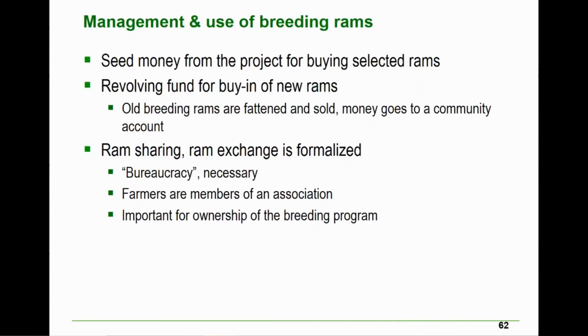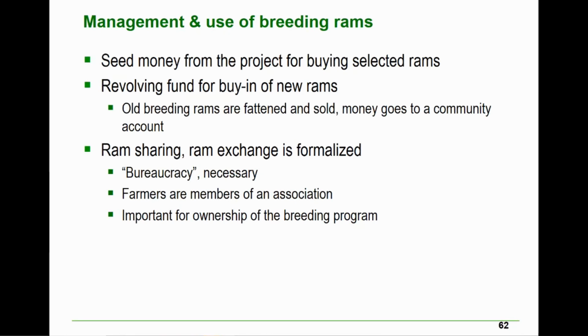The next stage of the CBBP is slightly more complex, and that was implemented in Ethiopia and worked pretty well. So basically what happened is that the project itself was buying the selected rams and creating a revolving fund in this way.